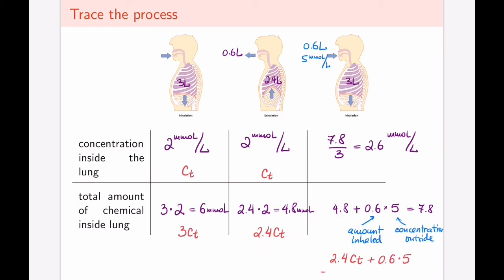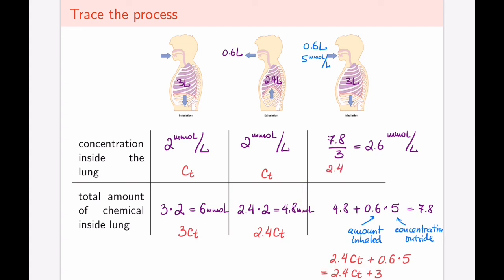Okay, I'm going to simplify this a little bit. 0.6 times 5 is simply 3, and that's what we get. And then we took this number, and in order to calculate the new concentration inside the lung, simply divided the whole thing by 3, because that was the new volume of our lung.